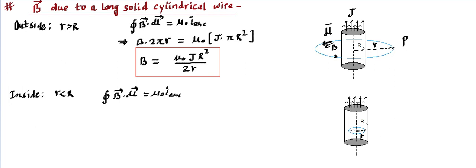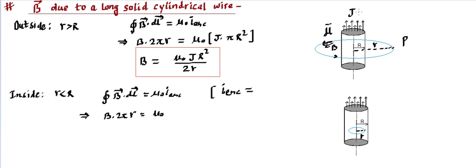Now again you will find because of symmetry we will be solving this in a very similar manner. So this left hand side is going to be B into 2 pi r, and on the right hand side we are going to get mu naught into I enclosed. So we need to find what this I enclosed is going to be. It will depend on what type of current density it is.